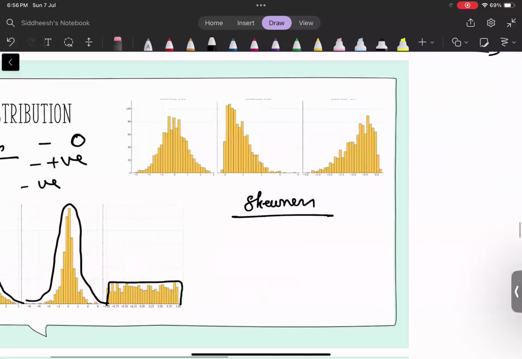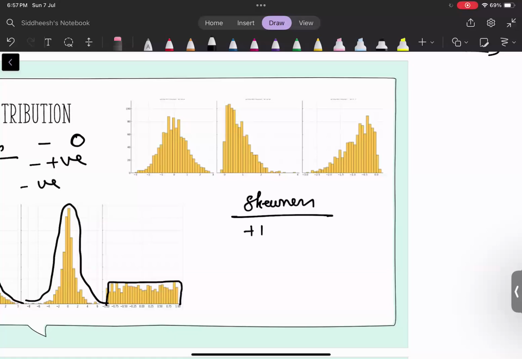Correct? What about the skewness? It tells you whether your data is perfectly symmetric or not. If it is plus or minus 1.0, that's it, that means complete asymmetry is present.